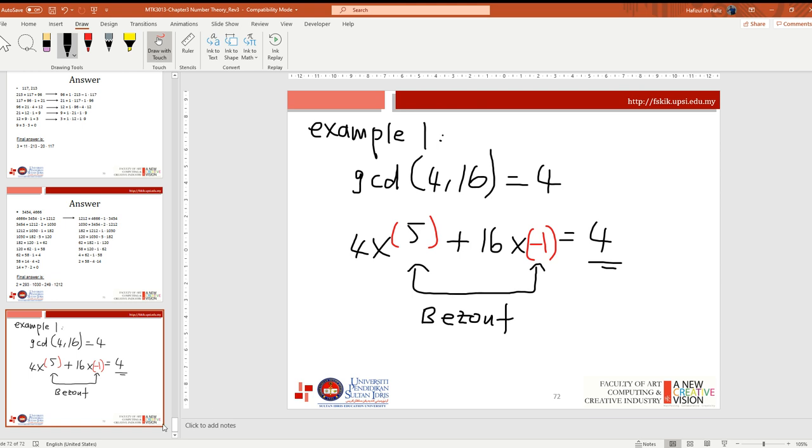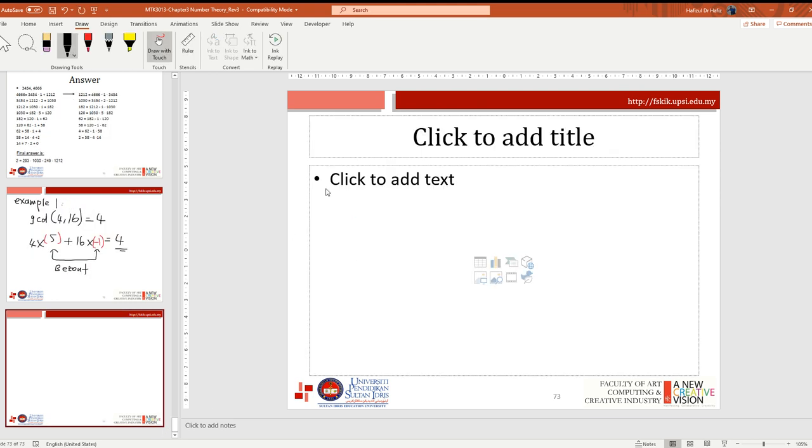Saya tunjuk lagi sekali untuk result identity lah, sebab ada yang tak ni.